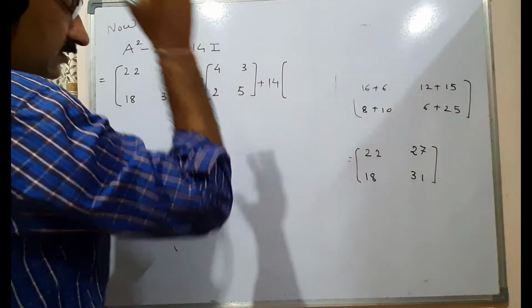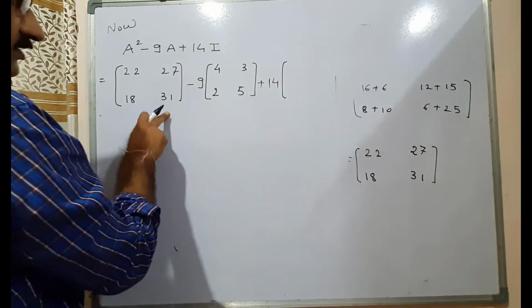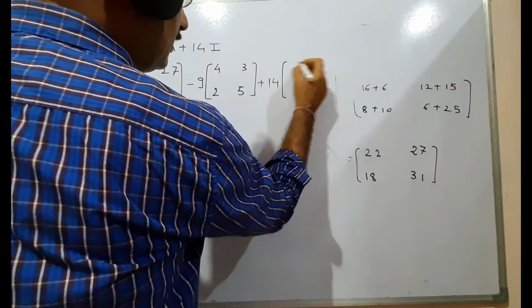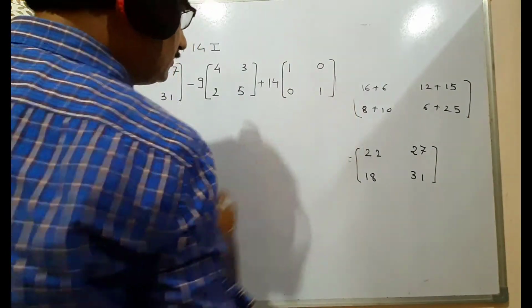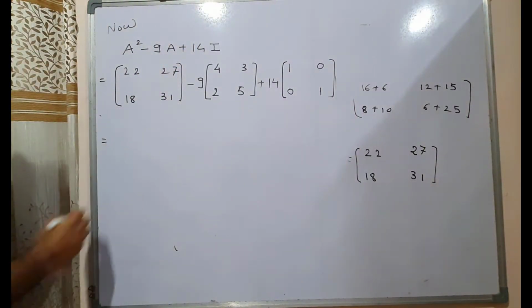The order of the unit matrix is the same, this is 2 by 2. So here also the unit matrix has order 2, and we write it as 1, 0, 0, 1.